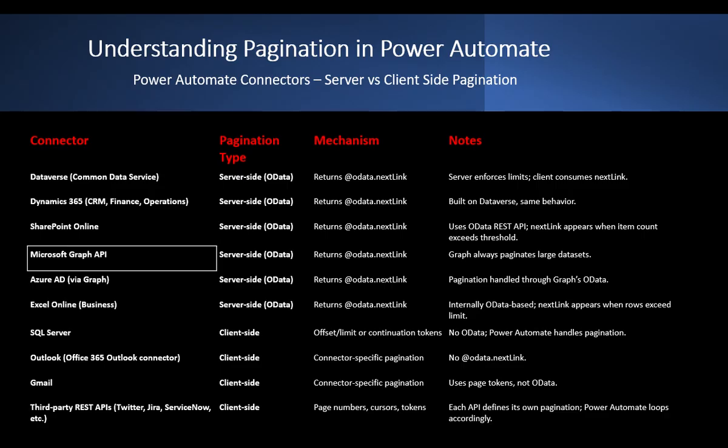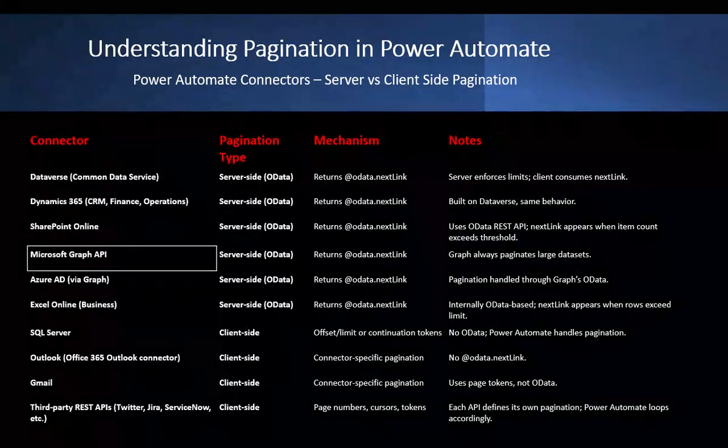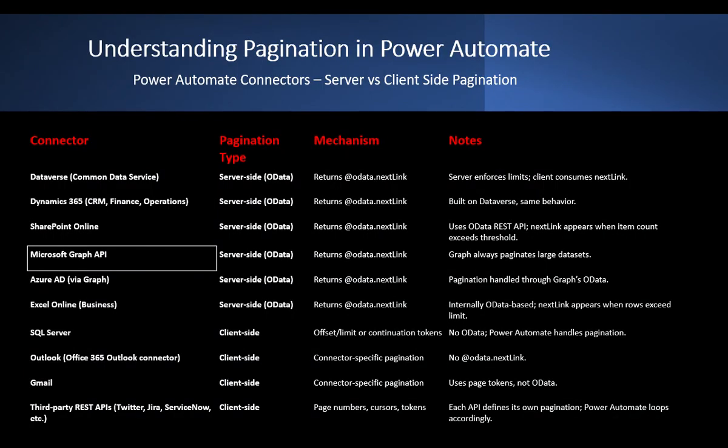Now these are the common connectors which have the inbuilt OData next link attribute. It will be given by the server when you hit APIs like Dataverse, Graph API, Excel Online, SQL Server, and so on. Some connectors don't send OData next link.